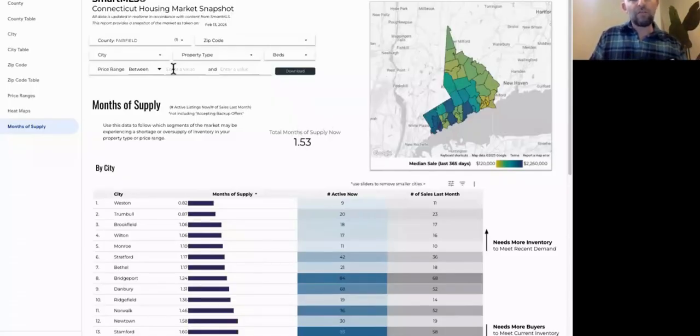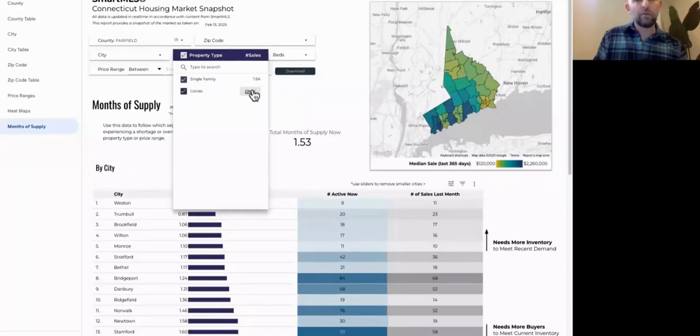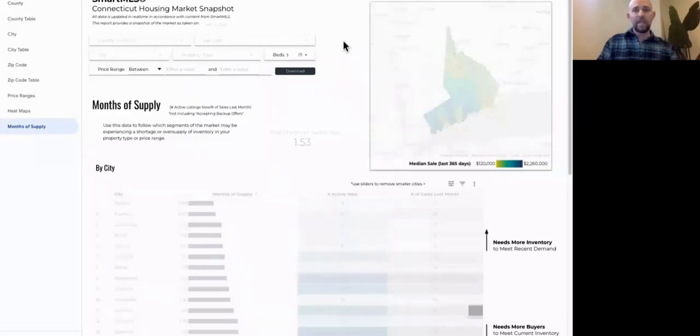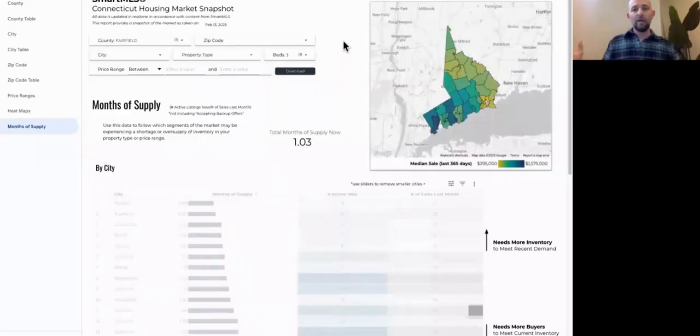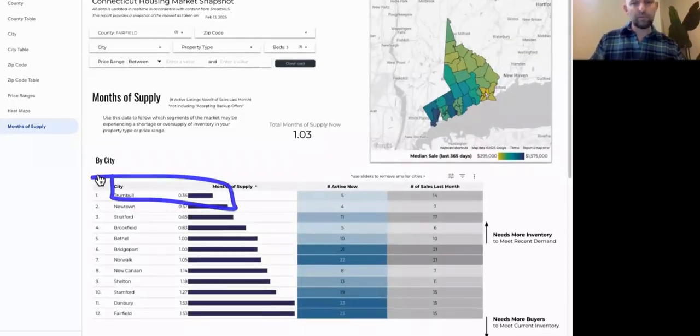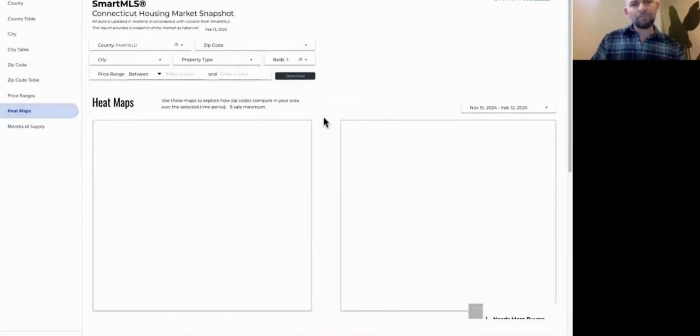So if you are looking to do marketing that's specifically geared towards the $1 million plus crowd, you can do that. If you want to look at the condos, you can do that. You want to look at 3 bedrooms and do some really nice targeted stuff where you're saying, hey, for all of my move up families looking for 3 bedrooms, it actually happens that Trumbull is the best place right now for you. So anyway, that is that.